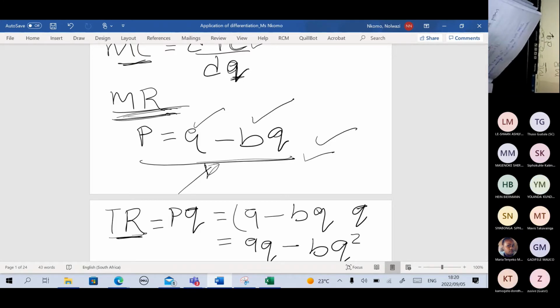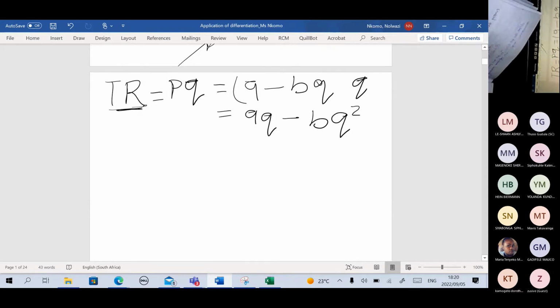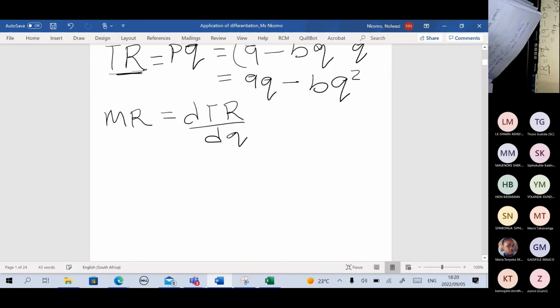Remember that the marginal revenue function is the derivative of the total revenue. So marginal revenue in this case would be the derivative of the total revenue with respect to Q. And our total revenue in this case is AQ minus BQ squared, and we're differentiating with respect to Q, right?